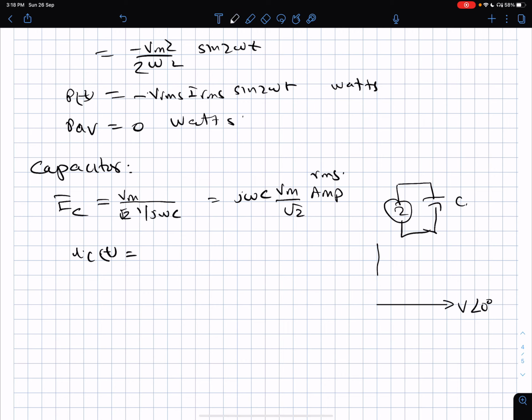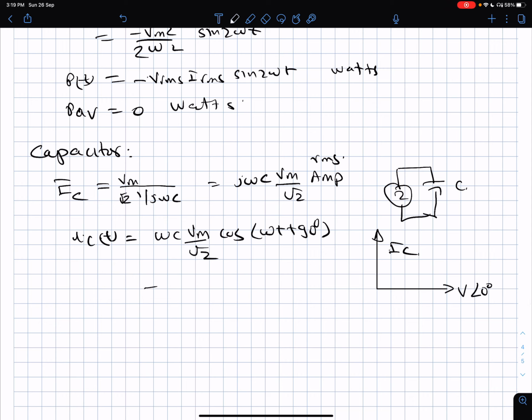So I get the current waveform as IC equal to omega C Vm by root 2 cos of omega t plus 90 degrees, which is equal to omega C Vm by root 2 sine of omega t amperes. Correct? This is what my current is going to be.